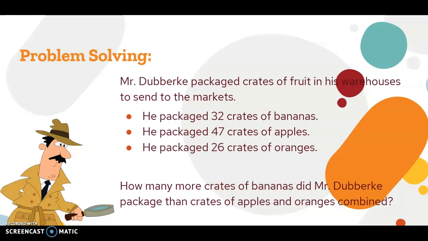He packaged 32 crates of bananas. He packaged 47 crates of apples. He packaged 26 crates of oranges. How many more crates of bananas did Mr. DeBerkey package than crates of apples and oranges combined?